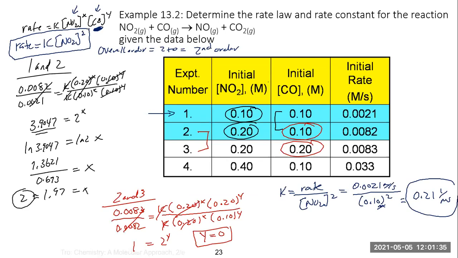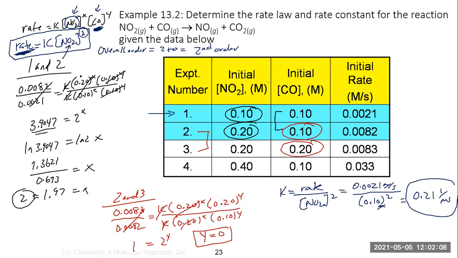Because the order 0 will always end up being 1 in terms of this formula, which means if you did want to speed up the reaction or lower the rate, you would in this case have to focus on the concentration of NO2, as it is the only thing in the rate law that affects the overall rate of a reaction. So again, this is the practical application of what you can do with a rate law or the orders.